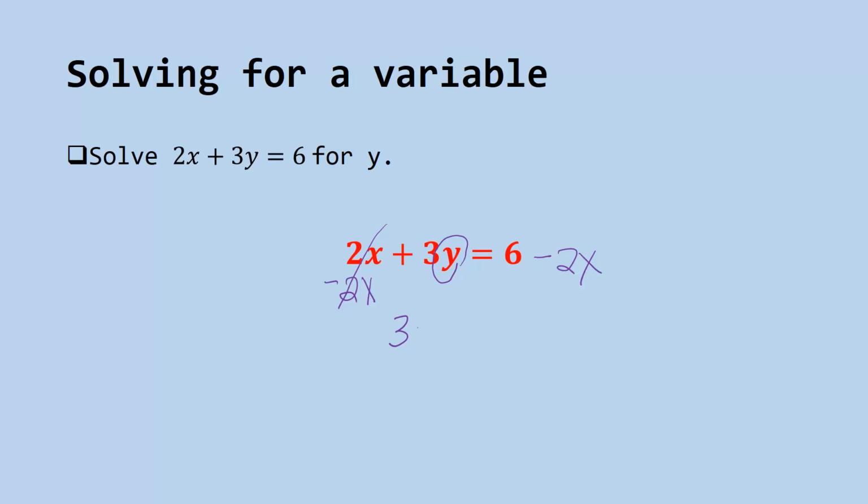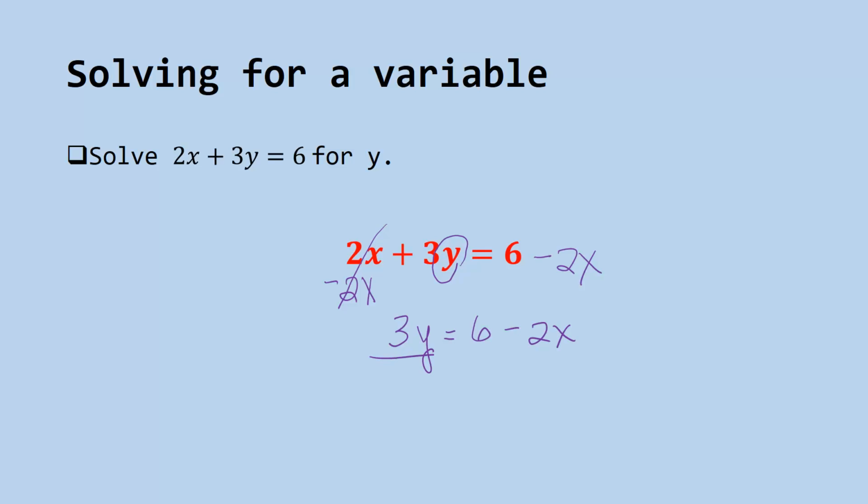So what I'm left with is 3 times y is equal to 6 minus 2x. Now yes, I could have rearranged that to be negative 2x plus 6. Our commutative property of addition allows us to do that, but I'm going to leave it like this for now.